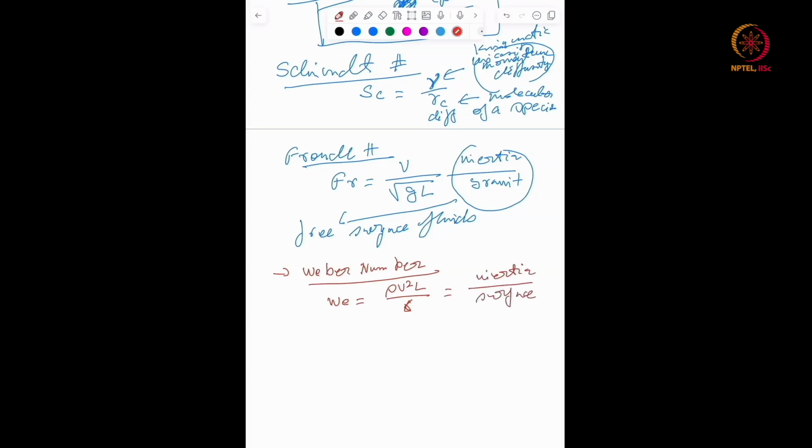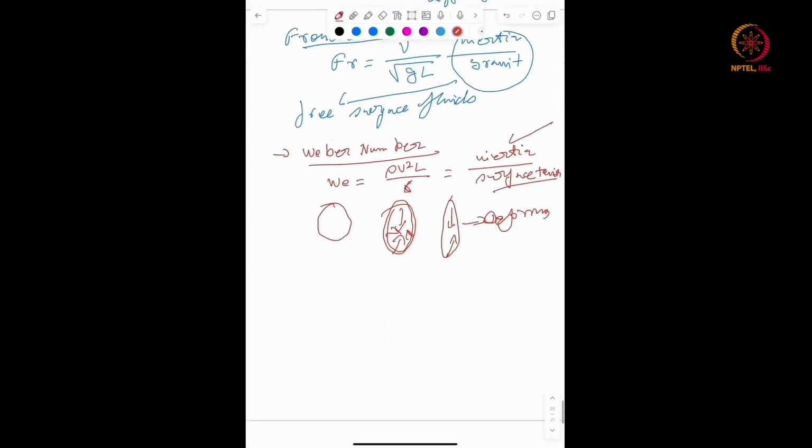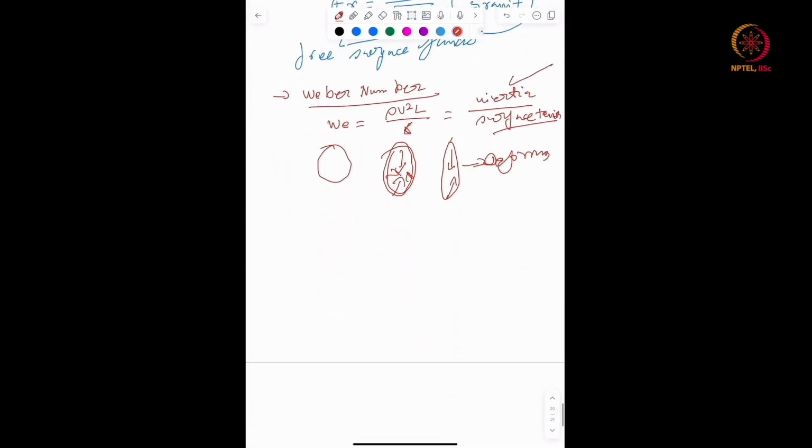This tells you how a droplet deforms. If it deforms, that would mean its inertia is high compared to surface tension. Surface tension tries to bring things back, and inertia tries to deform it. So that is the Weber number.